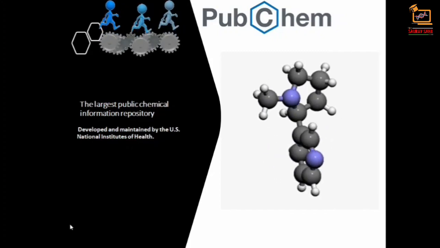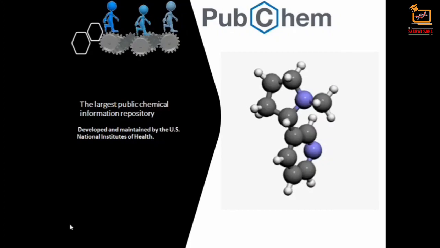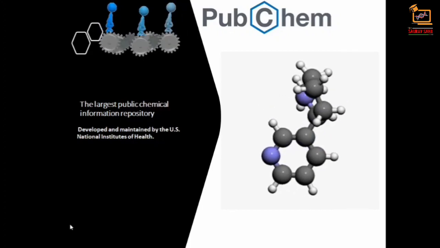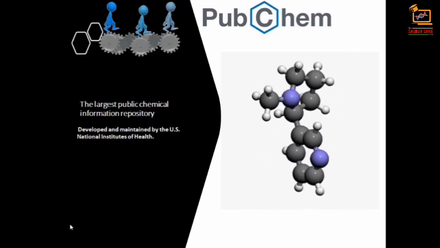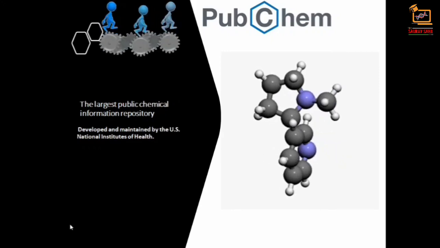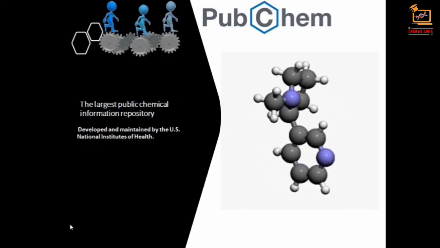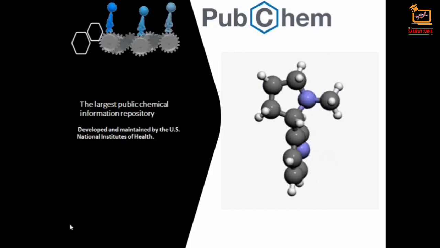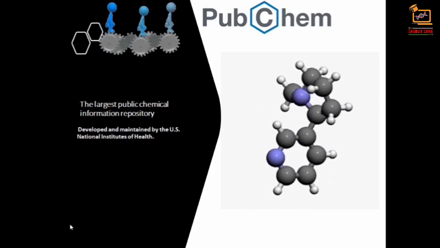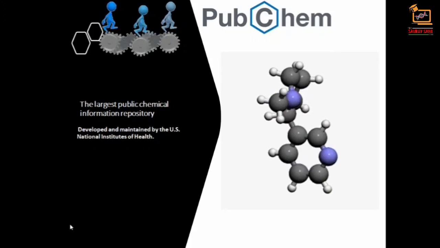PubChem consists of one of the largest corpora of publicly available chemical information. As of September 2015, it has more than 157 million depositor-provided chemical substance descriptions, 60 million unique chemical structures and 1 million biological assay descriptions.